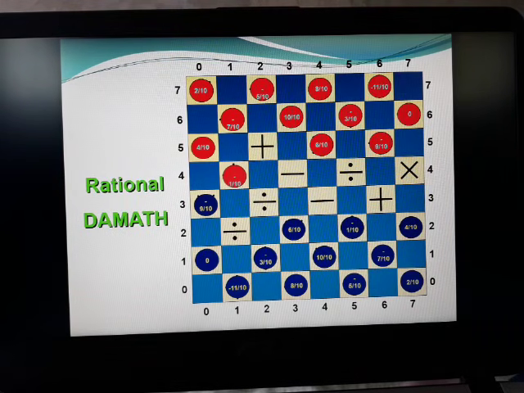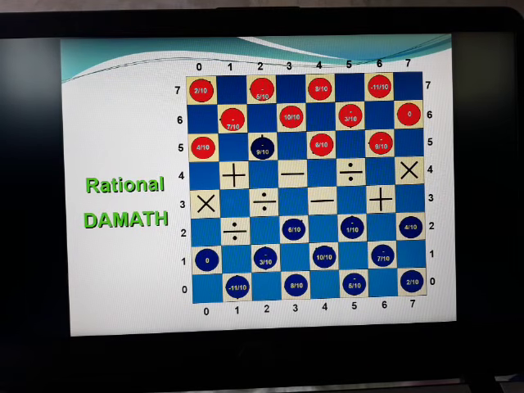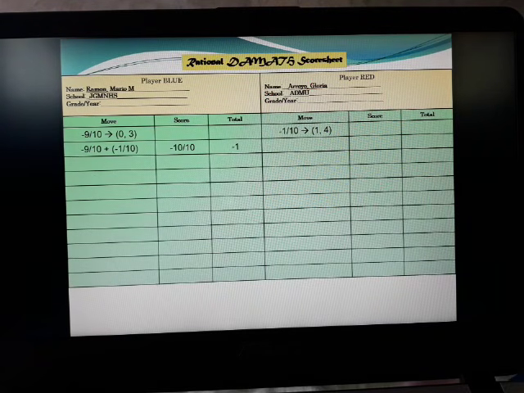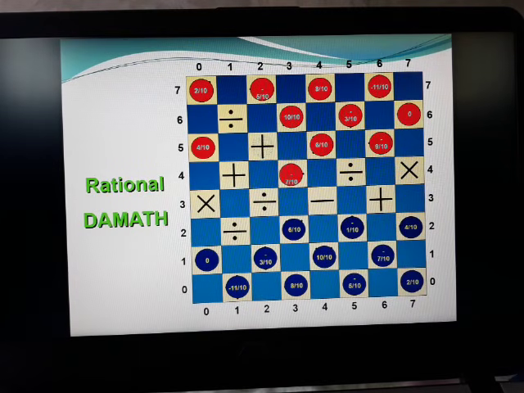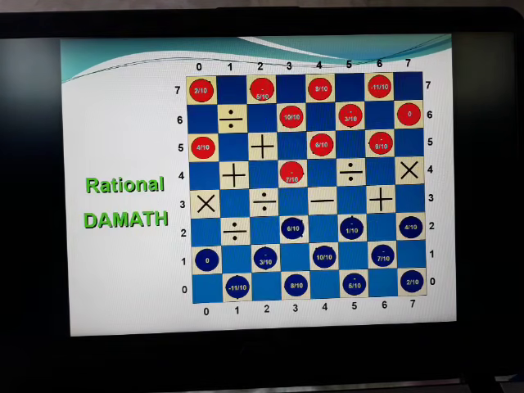Move, score, total. Here, one move for each player, one for blue and then one for red. Alternate.